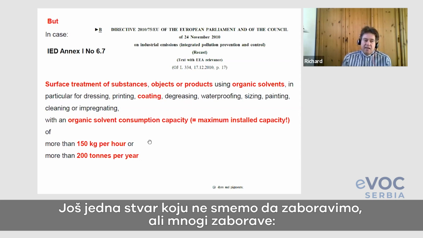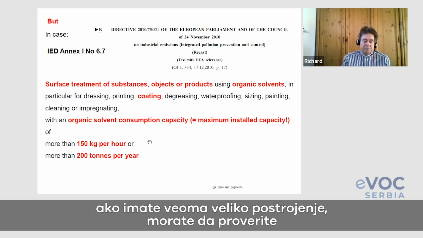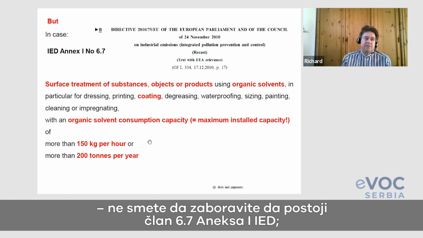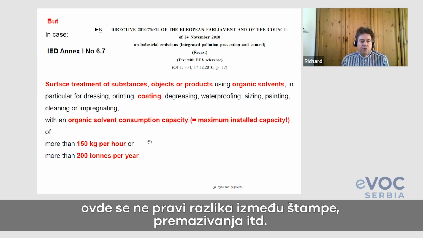And another point we may not forget, but many people forget this. It can happen if you have a very large installation, you must check that there is this number 6.7 in Annex 1 of the IED. And here you have no differentiation between printing, between coating, nothing.